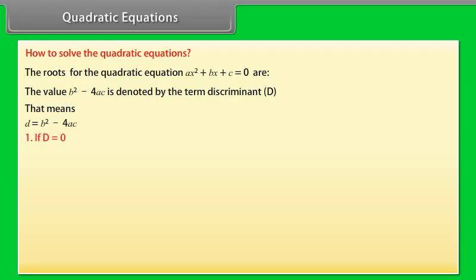If D = 0, then the quadratic equation has one real root given by x = −b/2a.